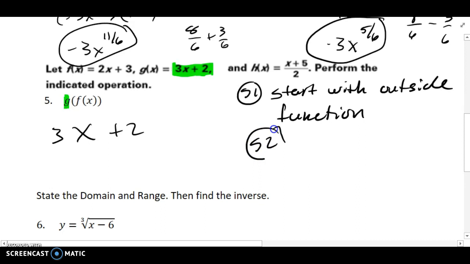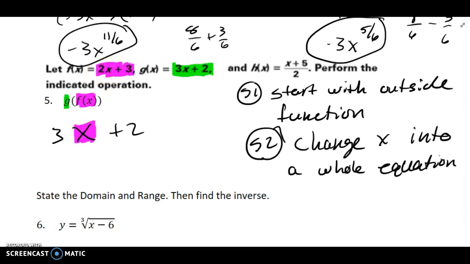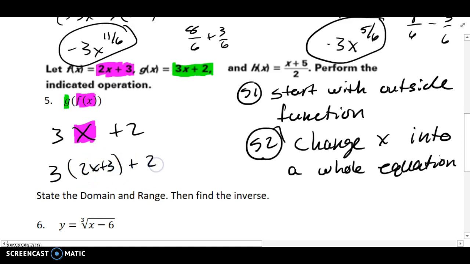Then step 2, we're going to change x into a whole equation. Okay? So this is g of x, f of x. f of x is right there, and we're going to change this x. So I'm going to have 3 f of x, and then bring down the plus 2.